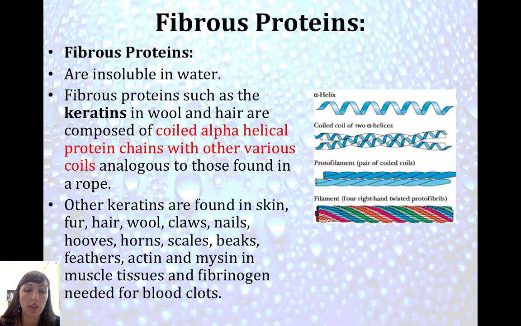Other keratins are found in skin, fur, hair, wool, claws, etc. Actin and myosin in muscle tissues, and fibrinogen needed for blood clots. So you can see you have an alpha helix, which is then coiled into two alpha helices, and then those pairs are coiled, and then you have a filament where there are four right-hand twisted filaments.